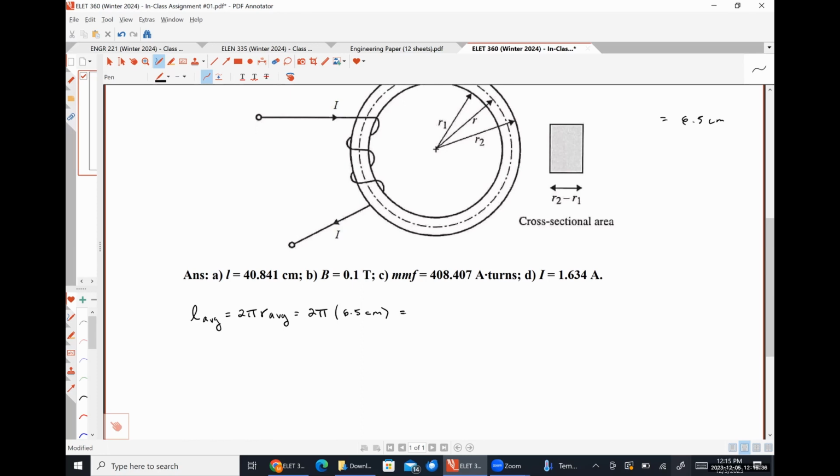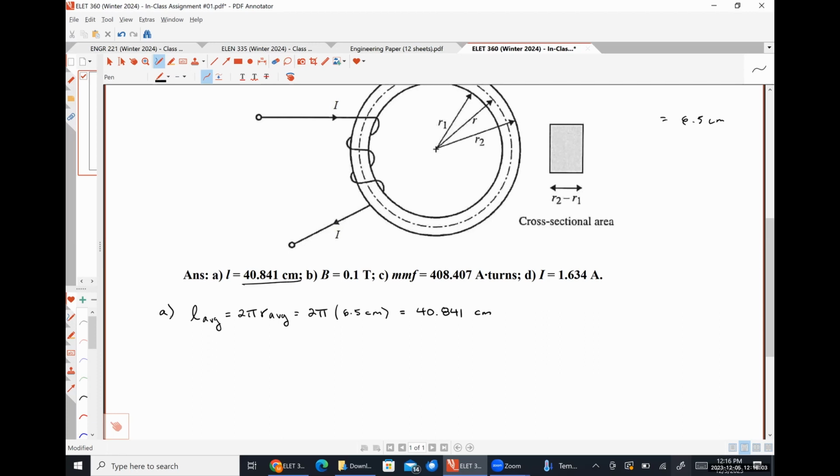And if we throw this into our calculators, 2 pi times 6.5 gives us 40.8407, or 40.841 centimeters, which agrees with the answer that I provided. So part A, fairly straightforward.